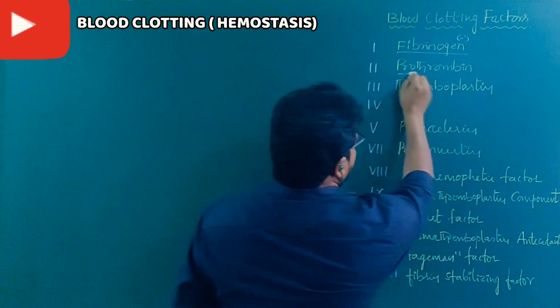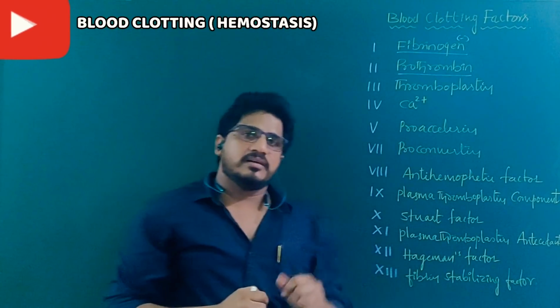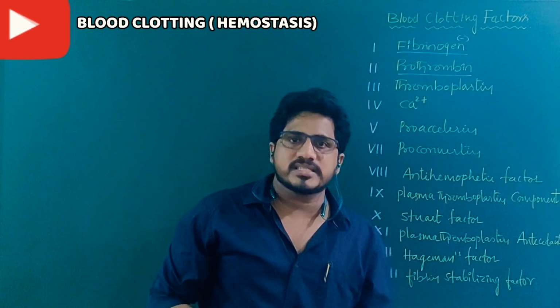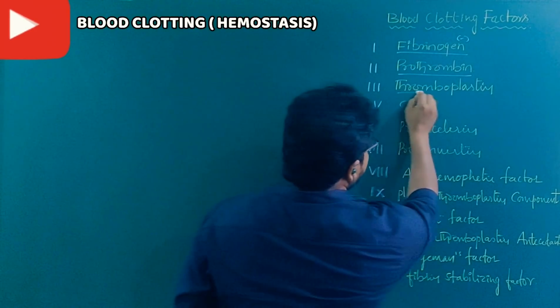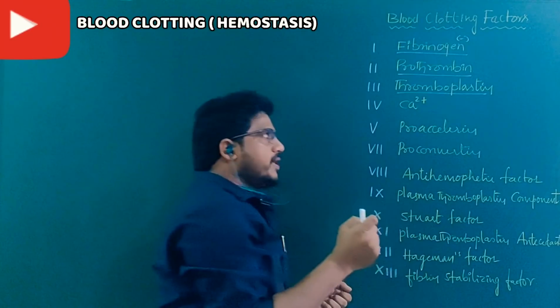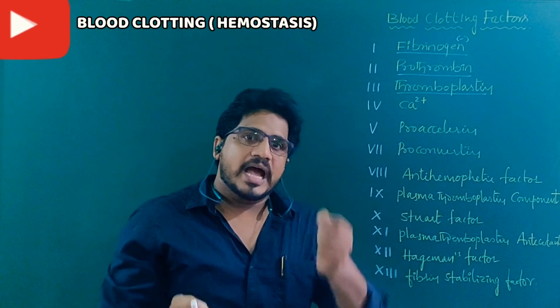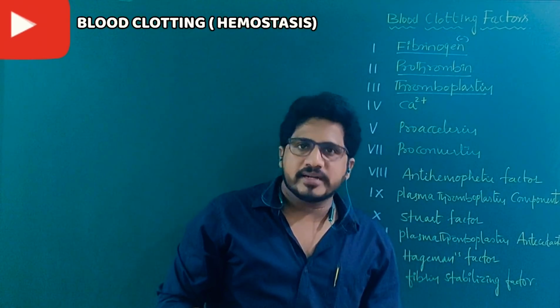The second is prothrombin. Prothrombin is a very important blood clotting factor. It is also synthesized inside the liver and exists in blood plasma. The third one is thromboplastin. Thromboplastin is another protein which is produced by the damaged blood vessel wall as well as blood platelets.